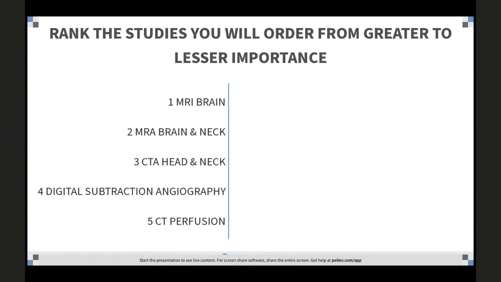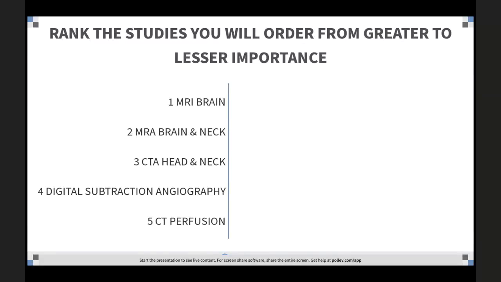Nice, Tyler. Can you rank the rest? Every one of these has a reason, and you gave me a good reason for CTA head and neck. I would do CTA head and neck first, and with it a CT perfusion to see what's infarct and what's penumbra. Then I would do an MRI brain.